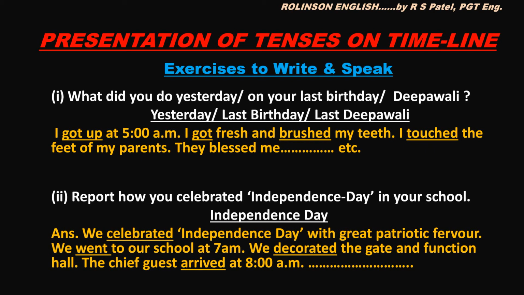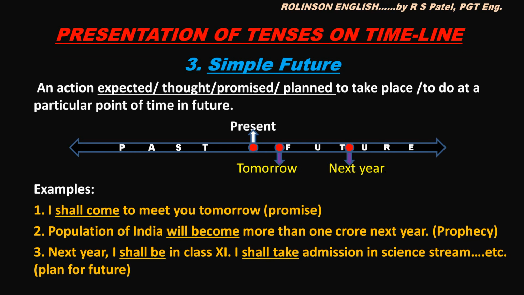Alright? Now, coming to the next tense, that is simple future. An action expected, thought, promised or planned to take place or to do at a particular point of time in future. Remember, future never comes. We think of it.